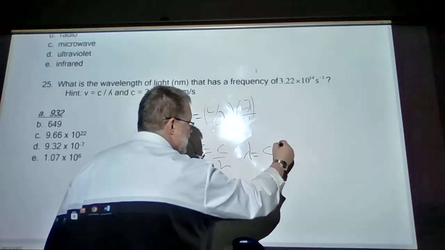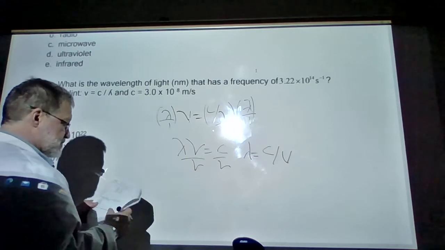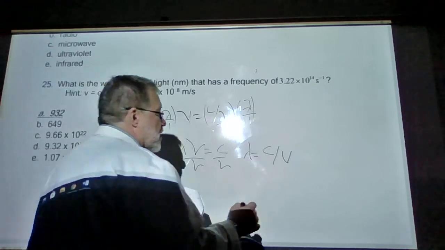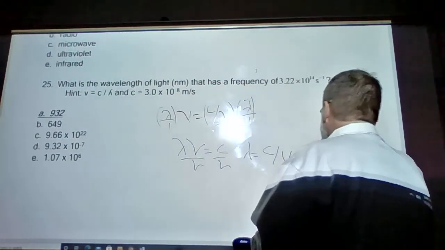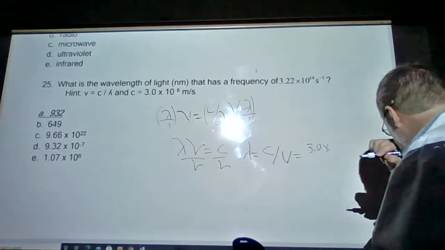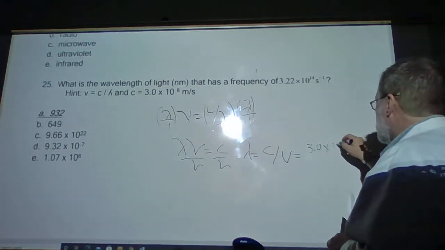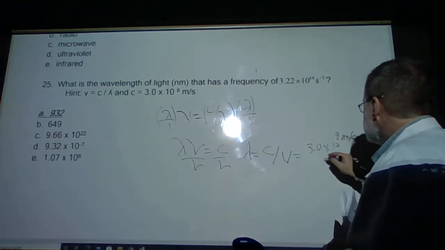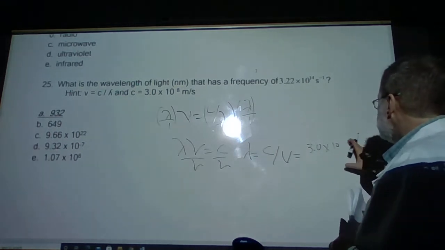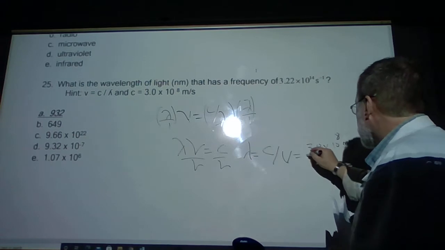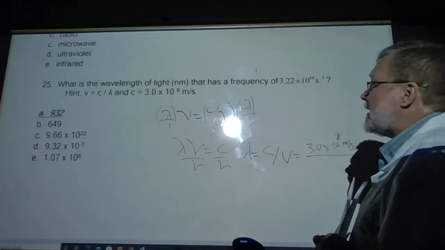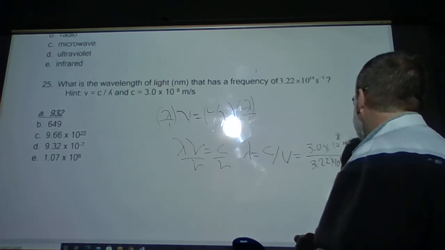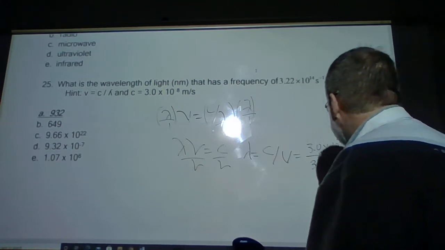Wavelength is c over frequency. c is 3.0 times 10 to the 8th meters per second, over frequency. Frequency is 3.22 times 10 to the 14th per second.